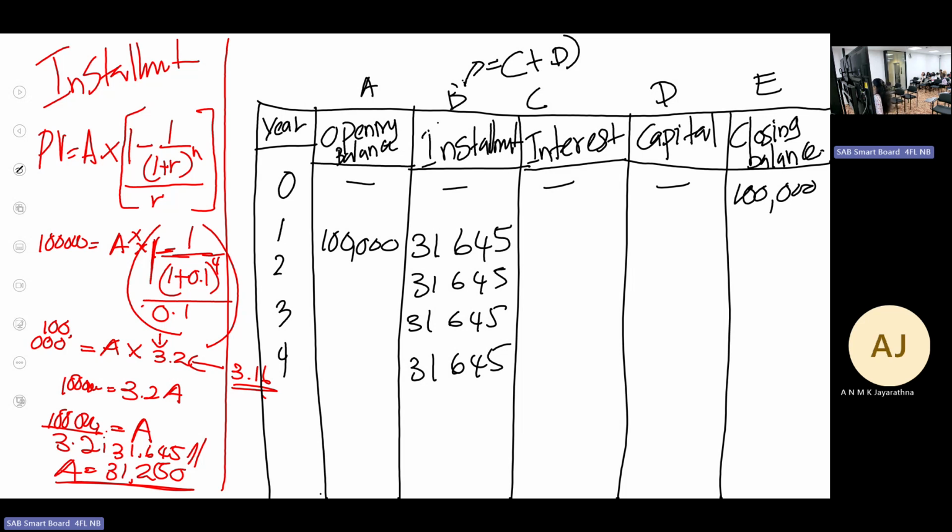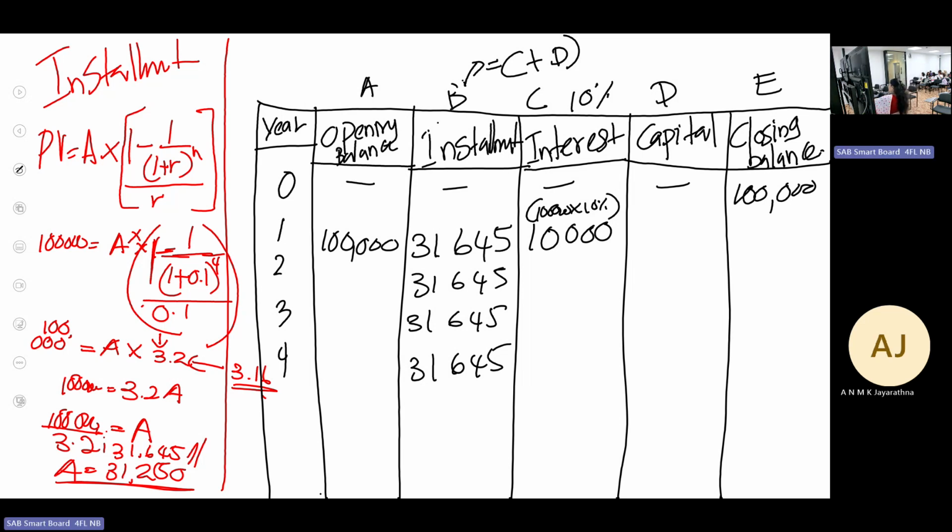Now take your calculators. Opening balance 100,000, interest is 10%. How much is the interest? 10,000 is the interest. How did you calculate? 100,000 multiplied by 10%.